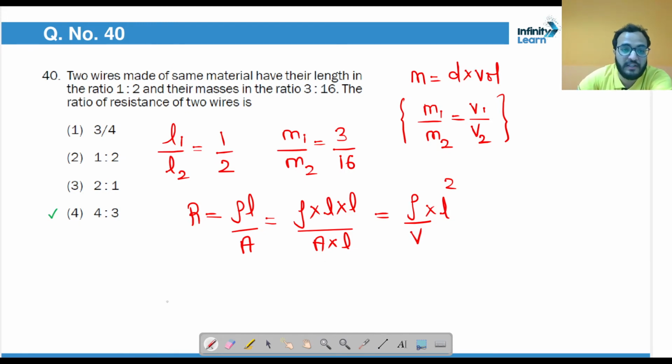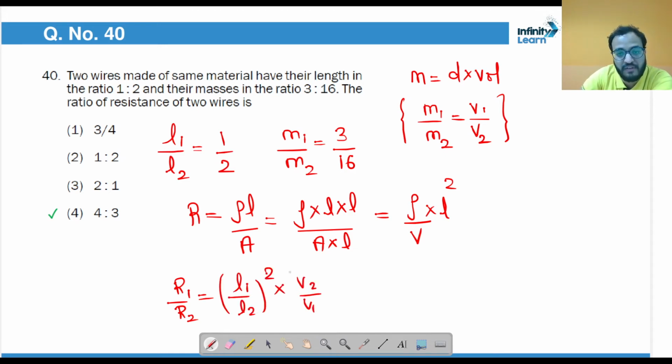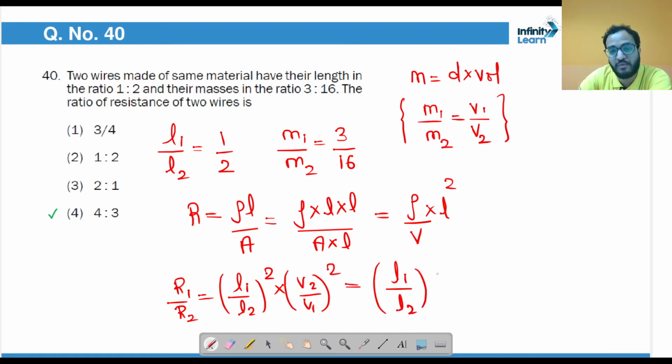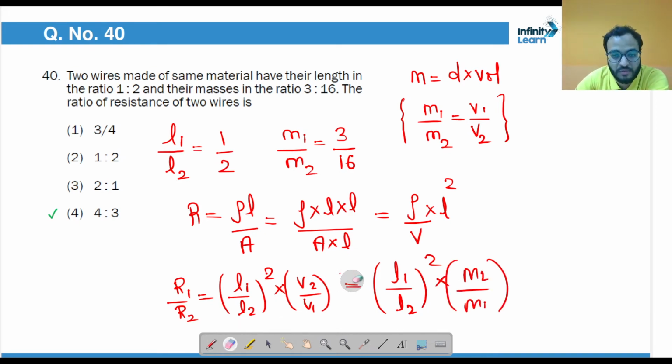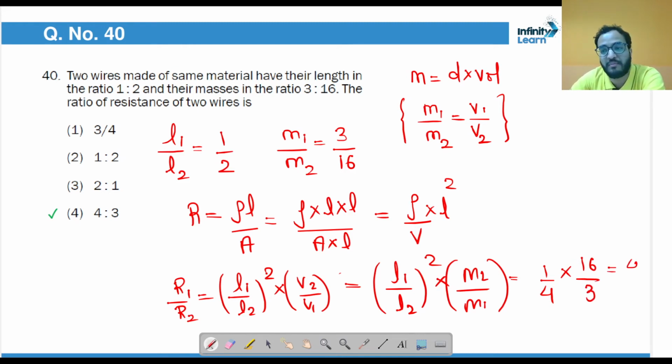Now we can say that R1 by R2 will be L1 by L2 whole square into V2 by V1, which will be L1 by L2 whole square into M2 upon M1, not squared. Got it? So it is 1 is to 4 into 16 is to 3. So the answer will be 4 is to 3. Got it?